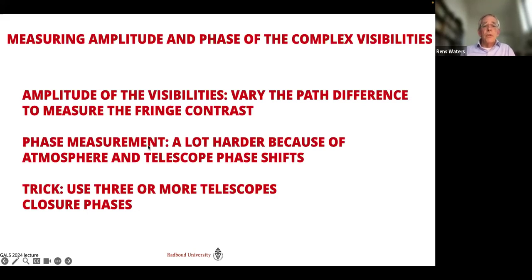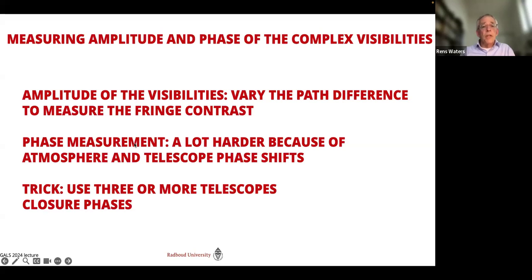The phase measurement is a lot harder because both the atmosphere and the telescope add phase shifts to the individual signals of the telescopes, and therefore you cannot just directly measure the phase so easily. The amplitude is also somewhat of a challenge, but it's certainly easier to measure the amplitude by scanning the fringe contrast.